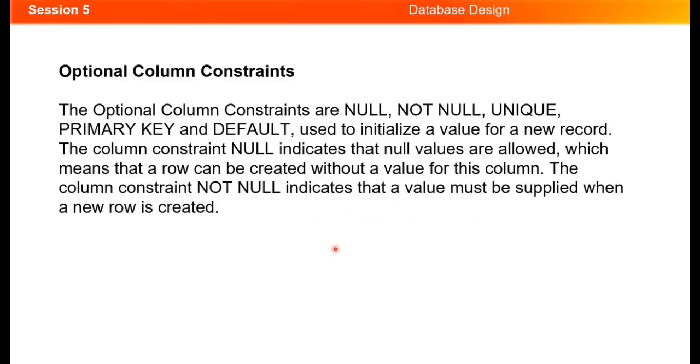The DBA or the data architect can at least control the data and how the data is presented to the user in accordance with the business rules right at the database level. The column constraint not null indicates that the value must be supplied when a new row or record is created.